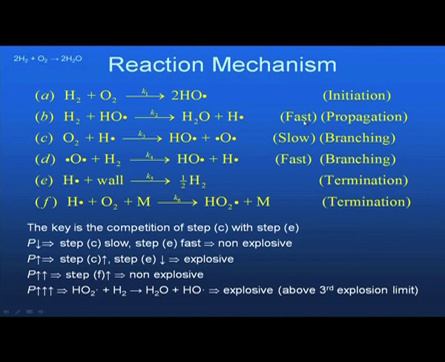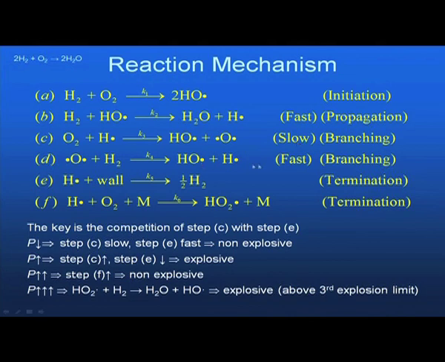This is the fast process, that is the propagation. Then this H dot, once it is generated through this fast propagation, will react with O2 to produce OH dot and O with 2 electrons. It is called the branching, but this process is slow.